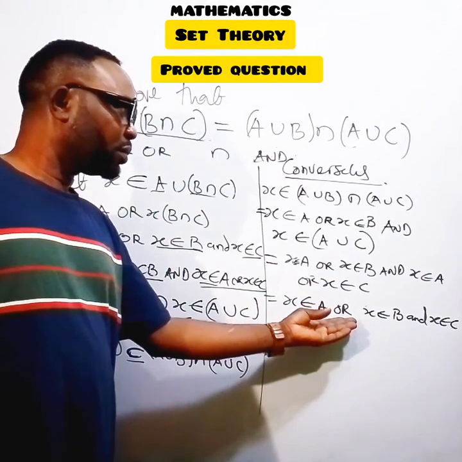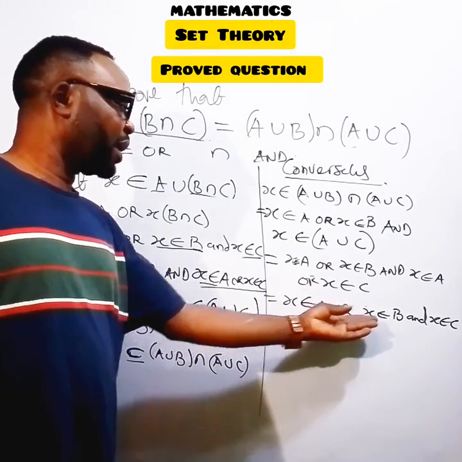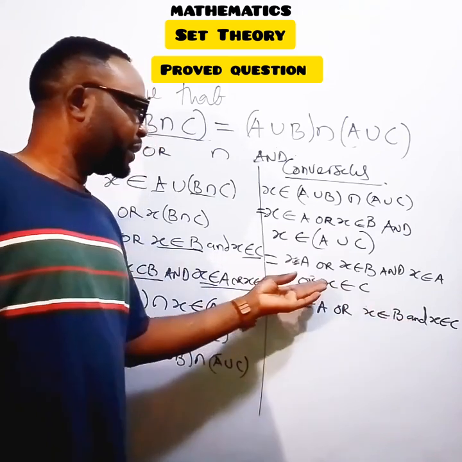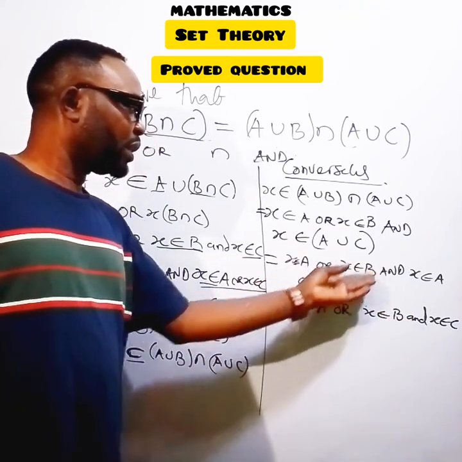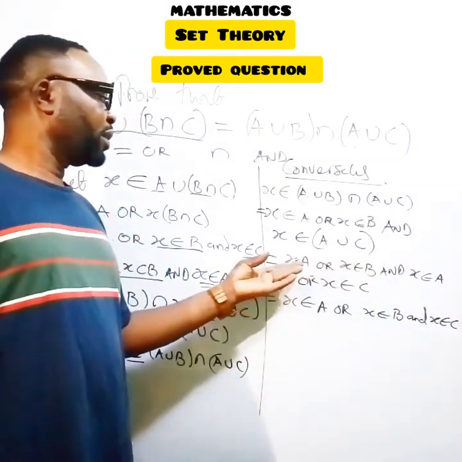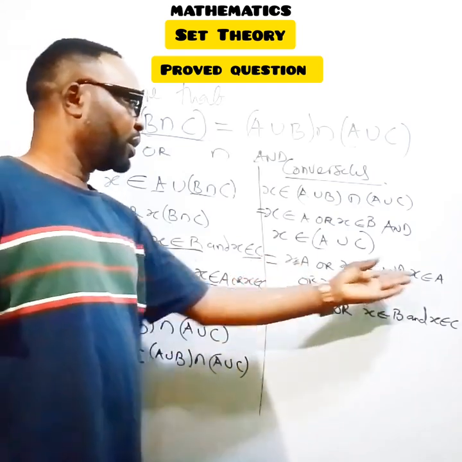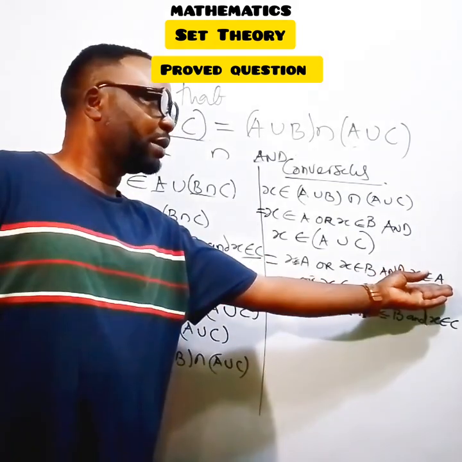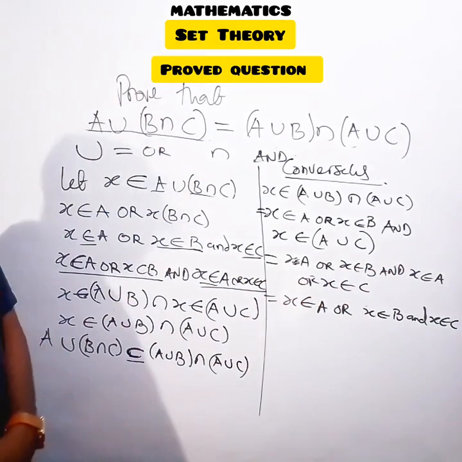Or X is a member of B, and because those two are the ones that are relating with A, you can say X member of B relates with X member of A, and X member of C relates with X member of A as well.